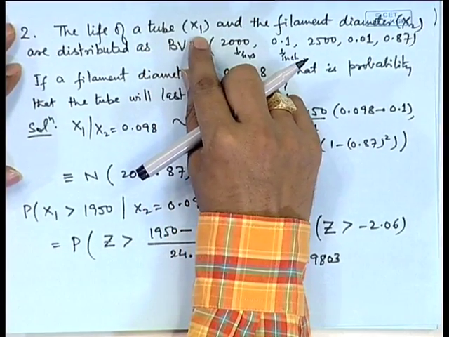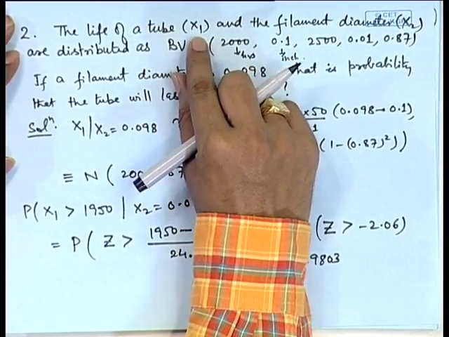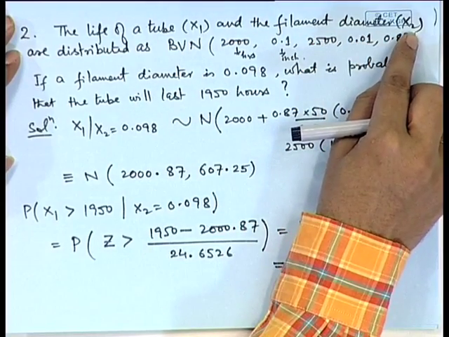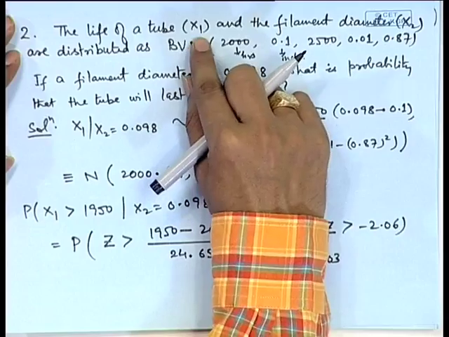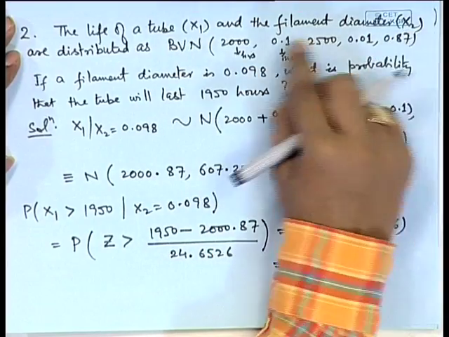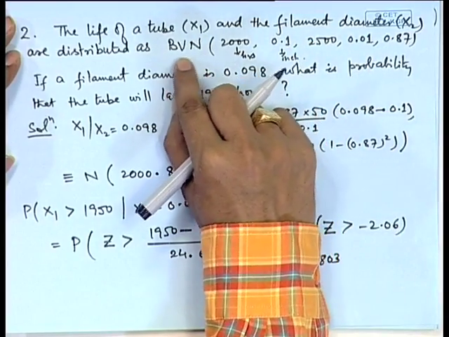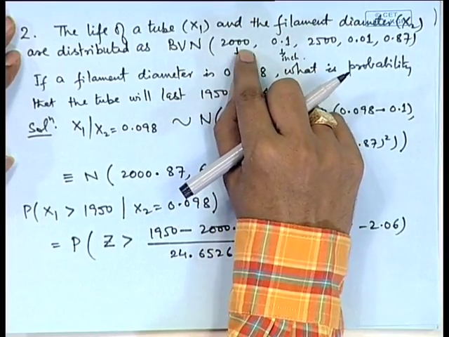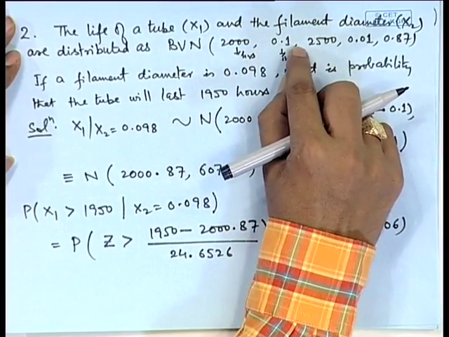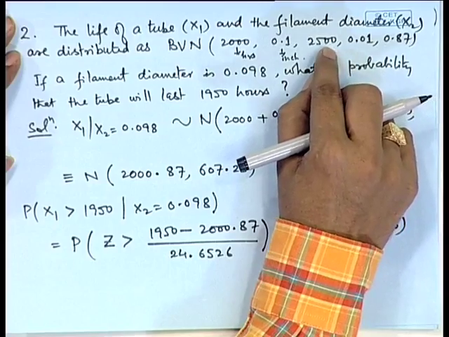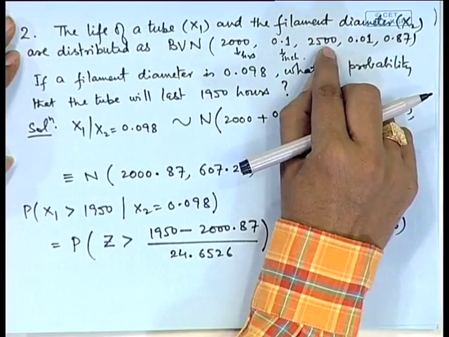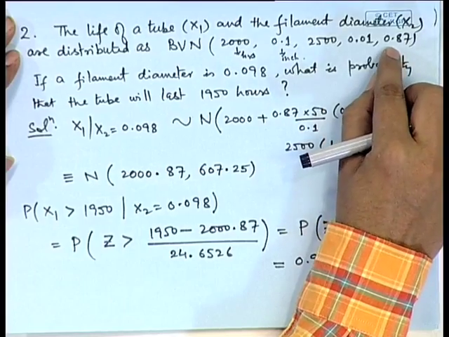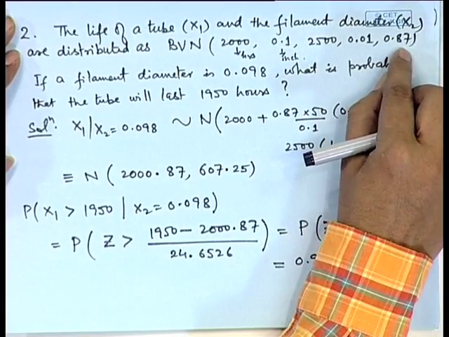The life of a tube is measured as random variable x 1 and the filament diameter is measured as random variable x 2. The life is measured in, say, hours and the diameter is measured in inches. They are distributed as a bivariate normal distribution with mu 1 equal to 2000 hours, mu 2 equal to 0.1 inches, sigma 1 square equal to 2500, sigma 2 square equal to 0.01 and the coefficient of correlation equal to 0.87.